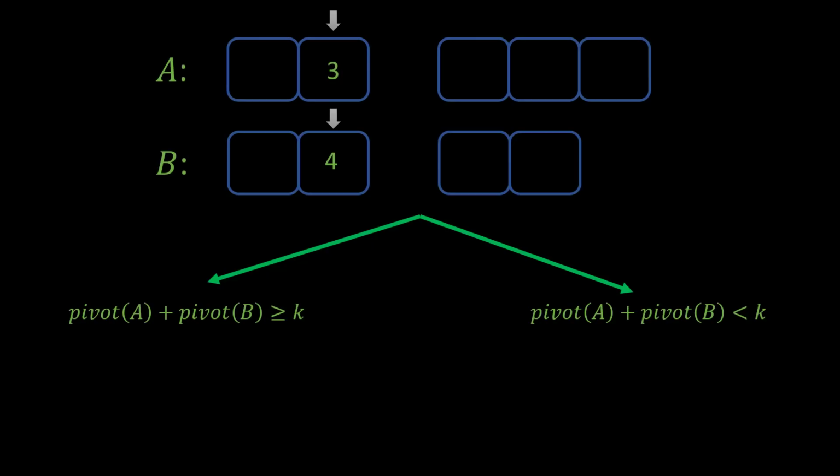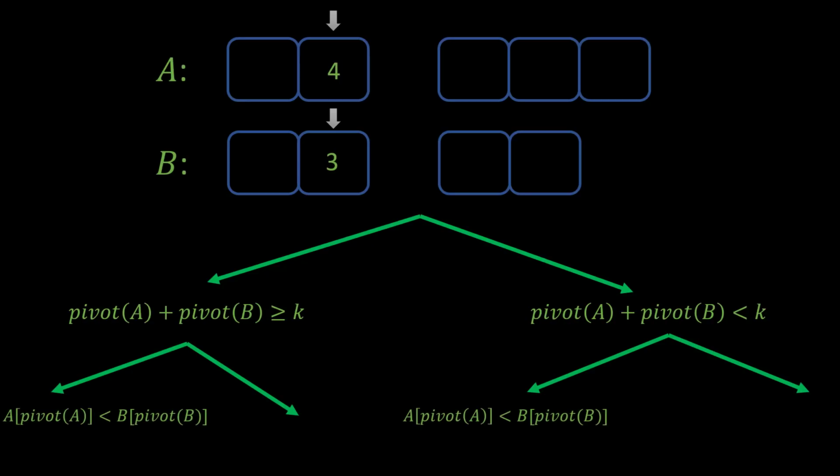However, that's not necessarily the case. We might have found them to be 4 and 3 instead. What I'm trying to say is, there are 2 scenarios here. Either the pivot of A is smaller than the pivot of B, or the pivot of B is smaller. So these are 2 more sub-scenarios that we could consider.